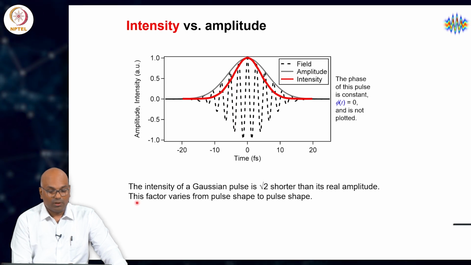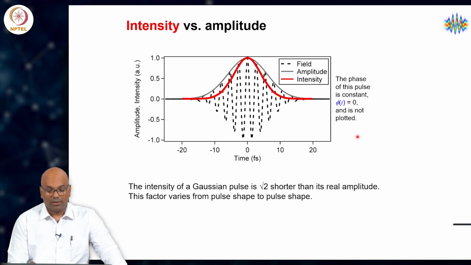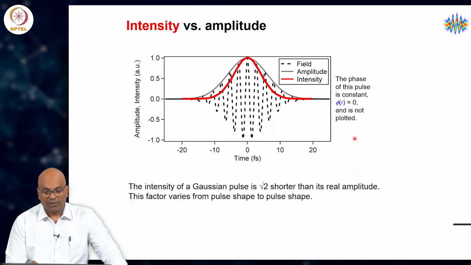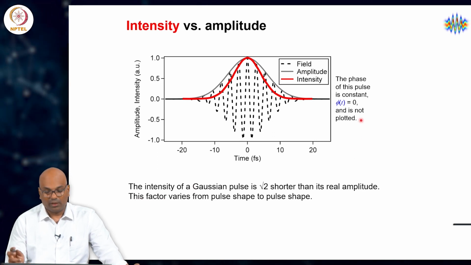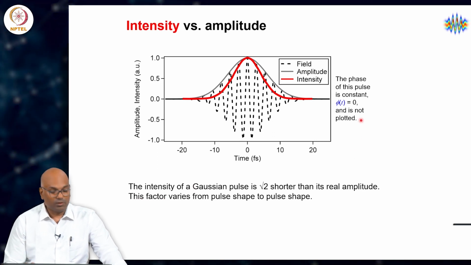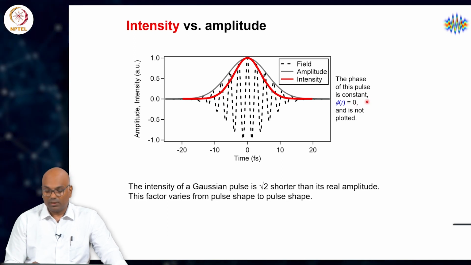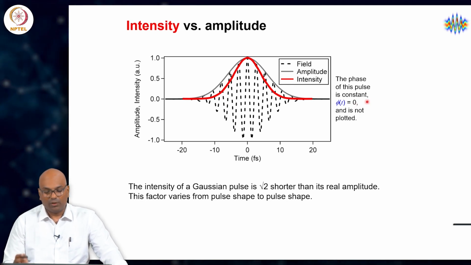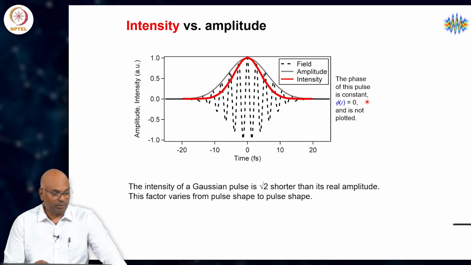So, this is how a Gaussian pulse looks with a constant temporal phase function phi of t. The constant is not absolute. We can set it to 0 or any value, since it is constant across time, it does not really matter.